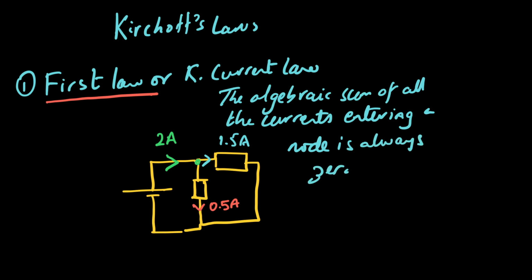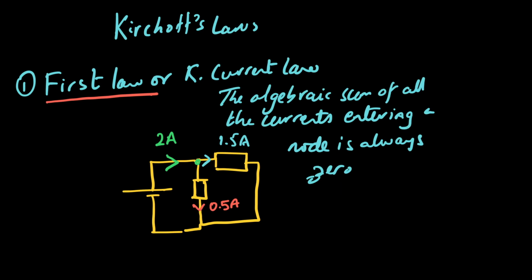Now, what do we mean by that? This dot that I was referring to is called a node. A node is a point where the current splits. This is also a node. Current is coming in, currents are coming in, another current is going out. The point where the current splits or they combine, that's a node. So the algebraic sum of all the currents entering a node is always 0.